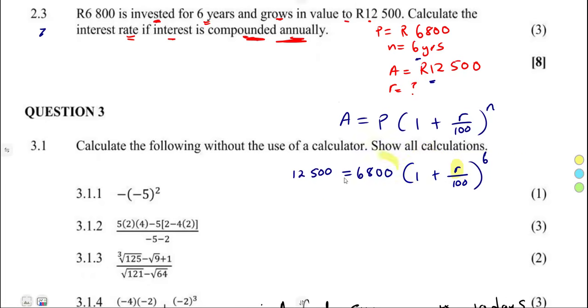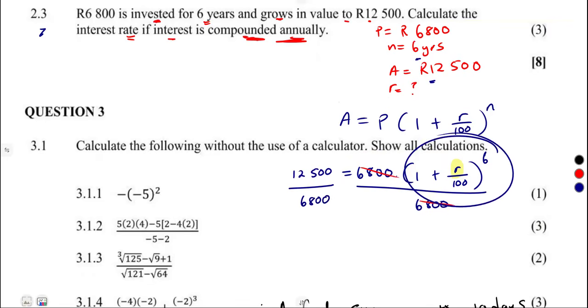So we must get rid of everything around the bracket. First, the 6,800 outside as a product. Divide by 6,800. This is going to cancel.